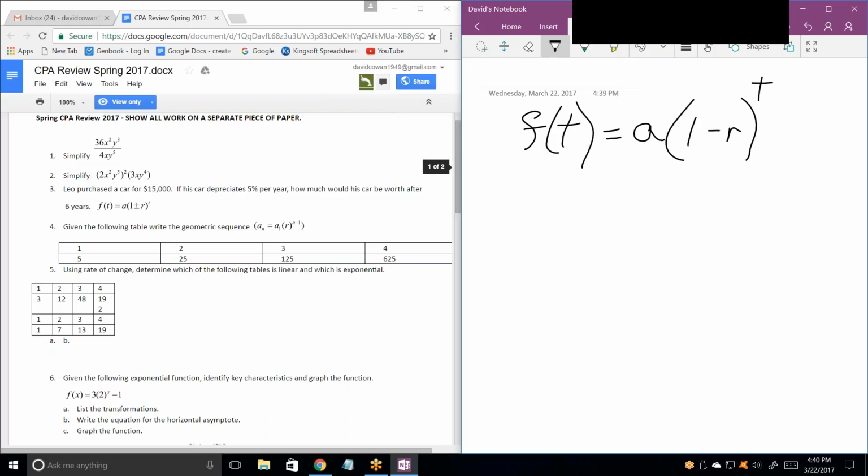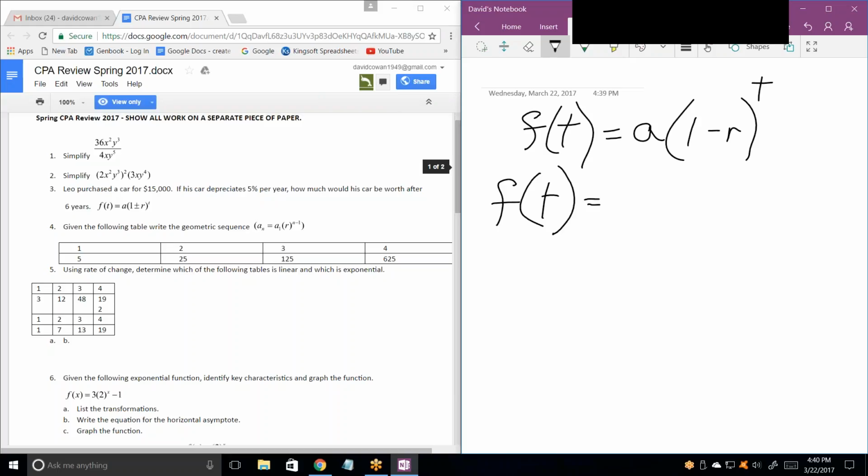So fill in everything. So the future value of the car equals what? What is A? You want me to list the transformations? I want you to plug in, it's not a transformation problem.